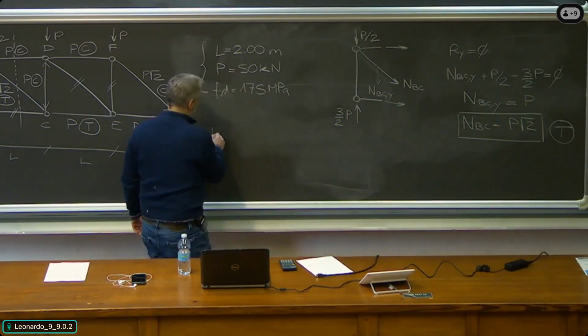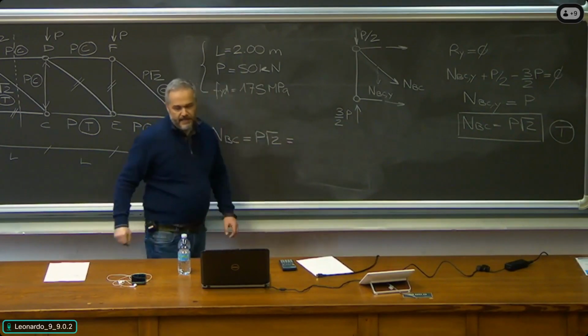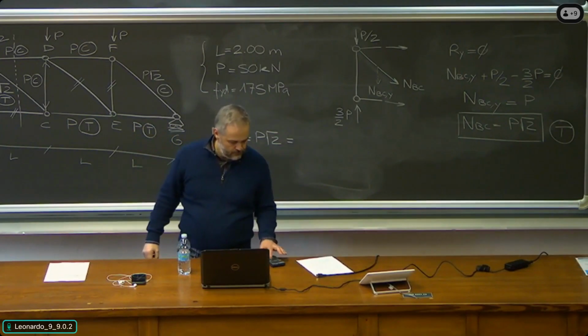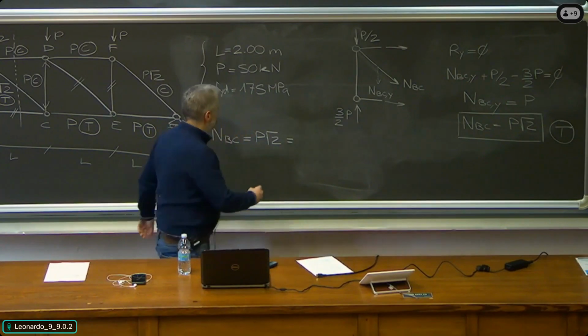Now, what is NBC in numbers? It's P square root of 2. I take now the calculator, as you all can do. So calculation is simple, 50 times square root of 2. The result is 70.71 kilonewtons.